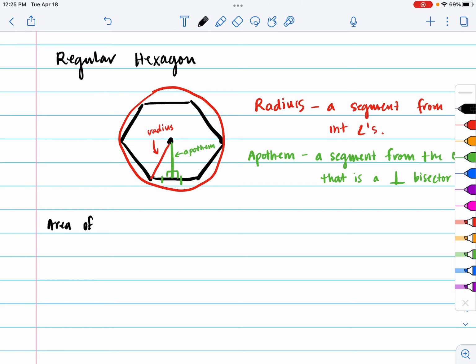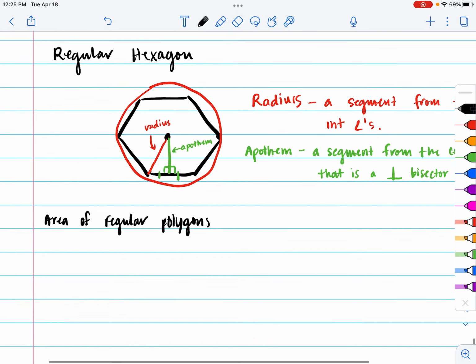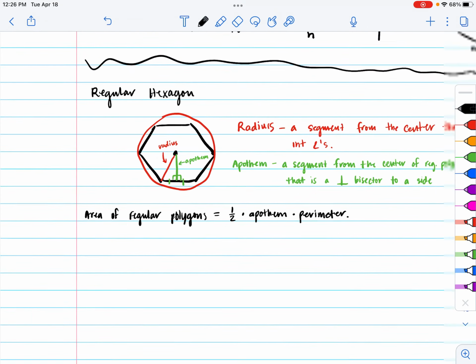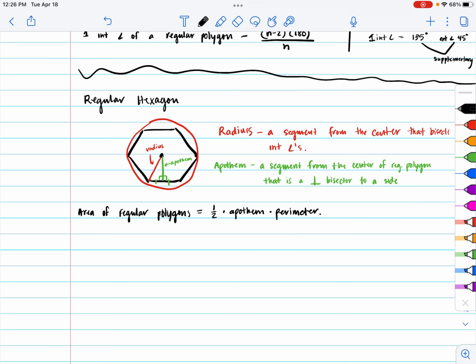Area of a regular polygon, let's say polygons, doesn't matter what it is, is equal to 1/2 times the apothem, so there's that new term, times the perimeter. And this is where we're going to have to calculate some perimeters too. Radius is going to come in handy on some occasions, but let's do this as an example.